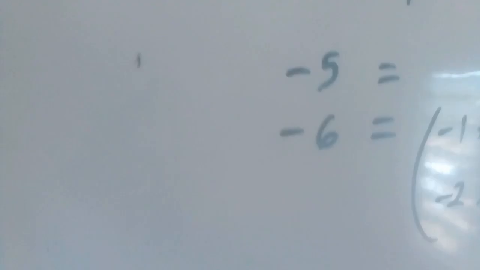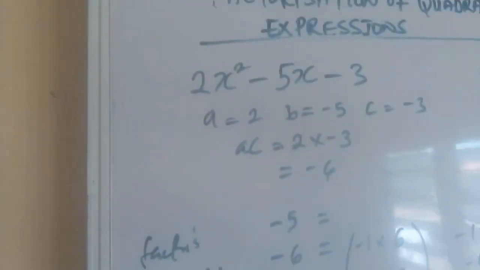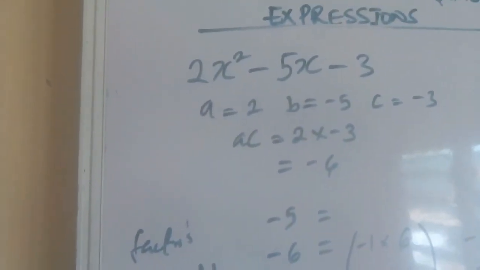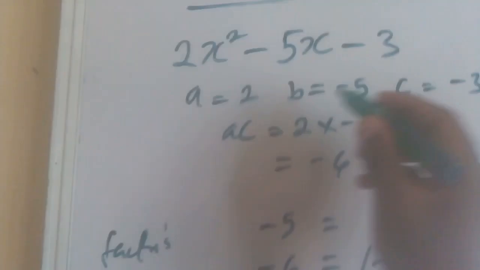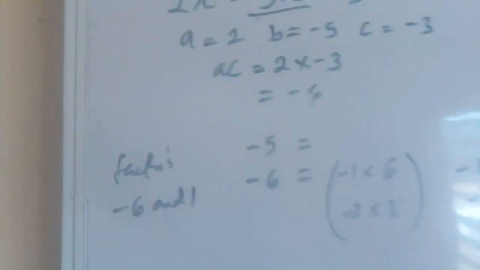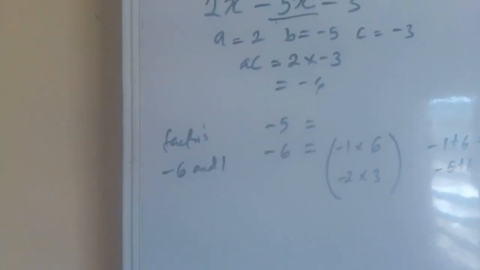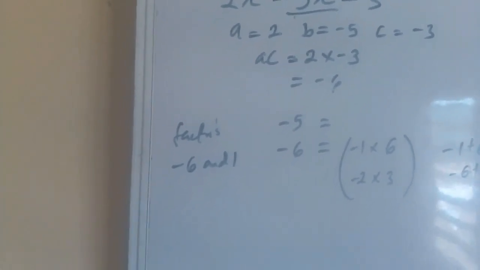So we see that our factors are minus 6 and 1. Since we've gotten the factors to be minus 6 and 1, we now proceed to call back our expression and break this term, this minus 5x, into minus 6x plus x, because we know that 1 in terms of x means the x coefficient there.